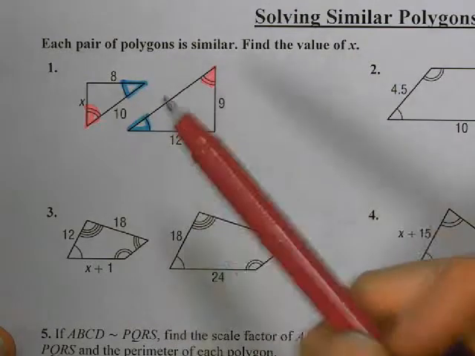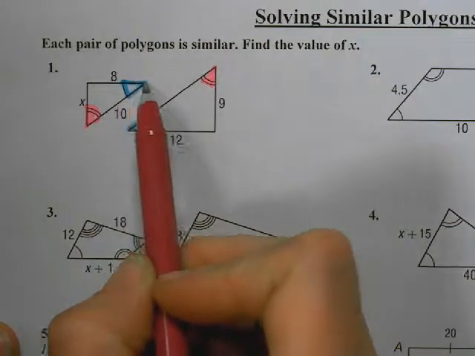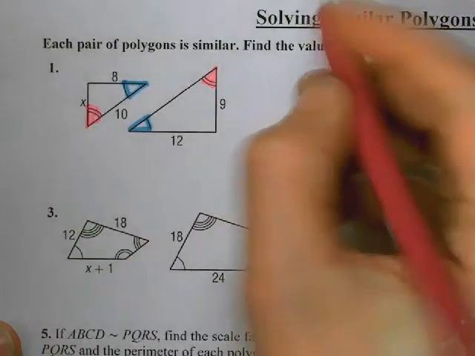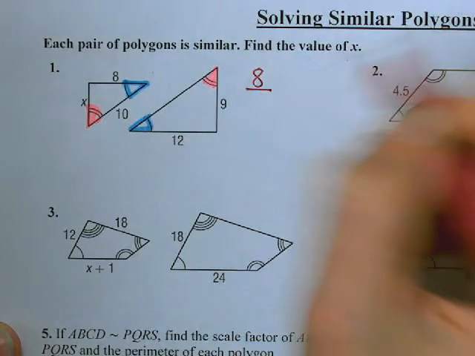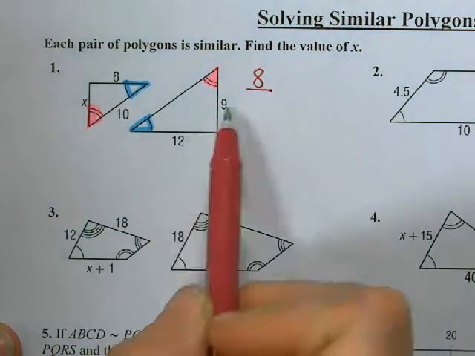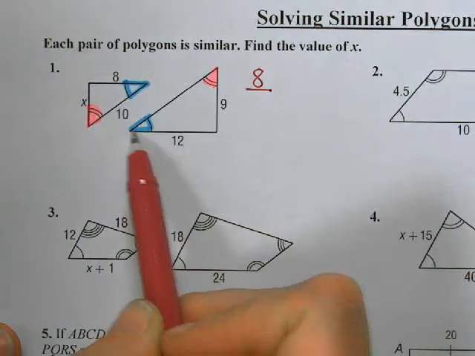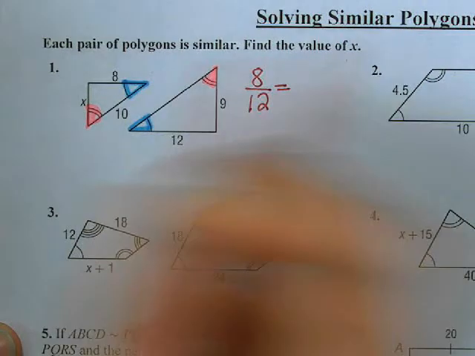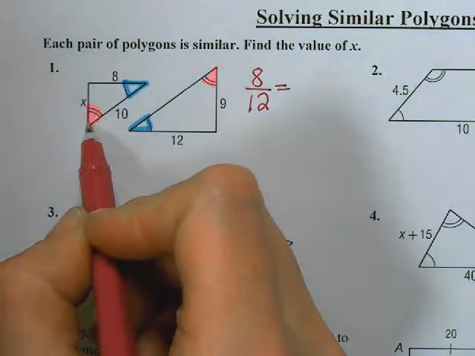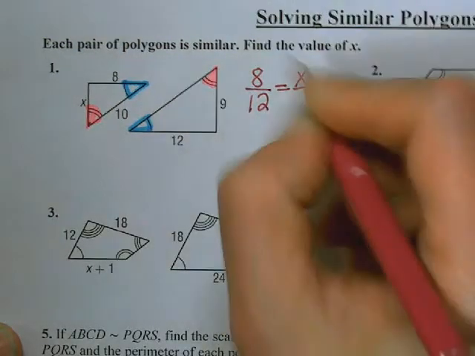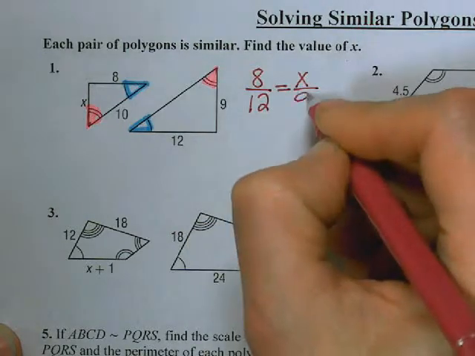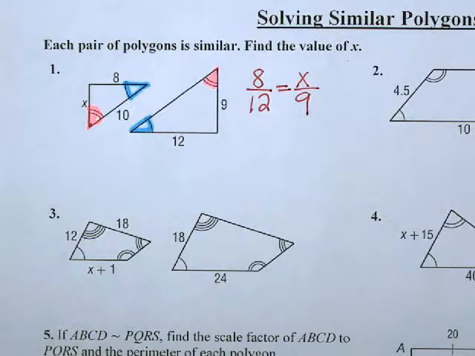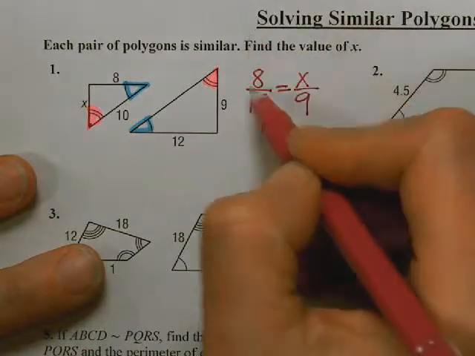So we're going to first off look here and say, okay, this 8 is only touching the blue angle, and I'm going to put that on top. And which one of these numbers is only touching the blue angle? The 12. So 8 over 12 equals, and then the x is touching the pink angle, and the 9 is touching the pink angle here. And then you just have a proportion that you need to solve.